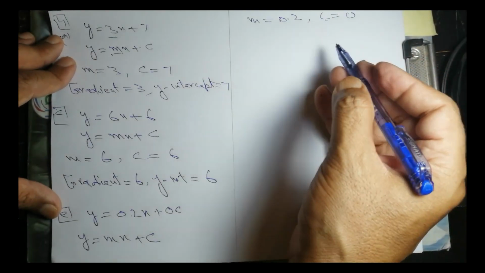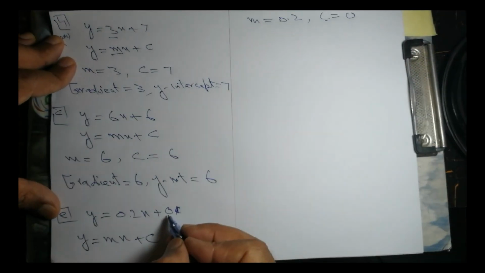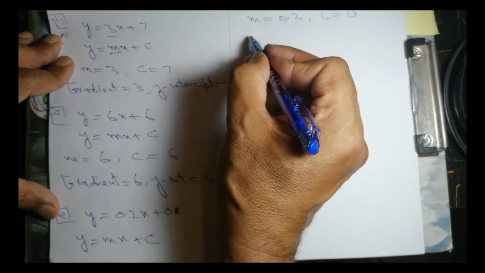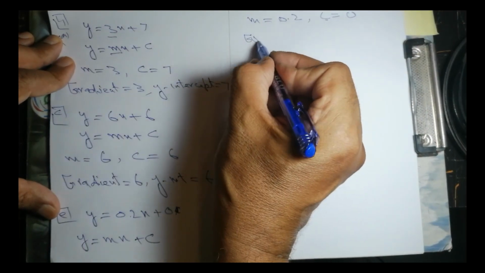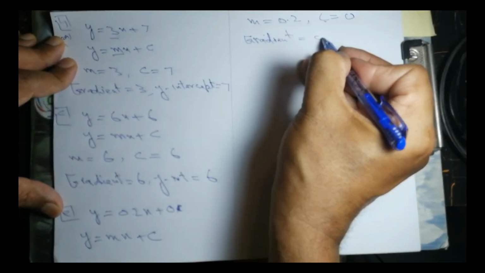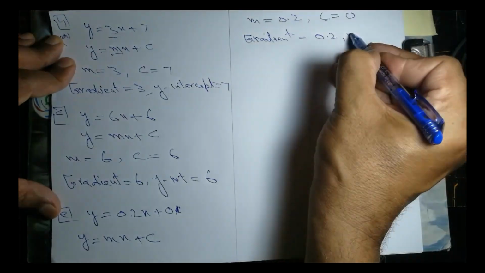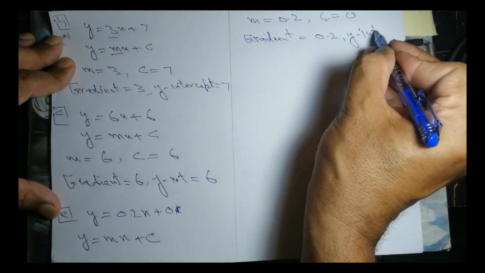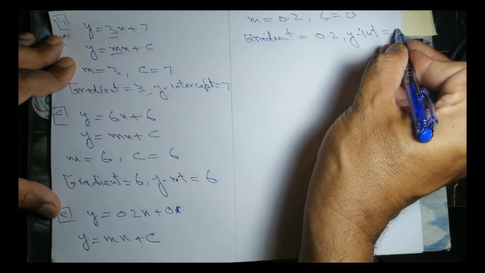So gradient equal to 0.2 and y-intercept equal to 0.